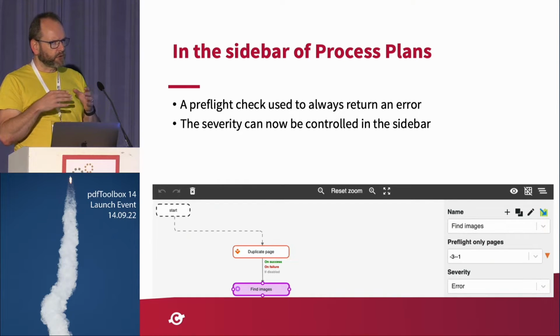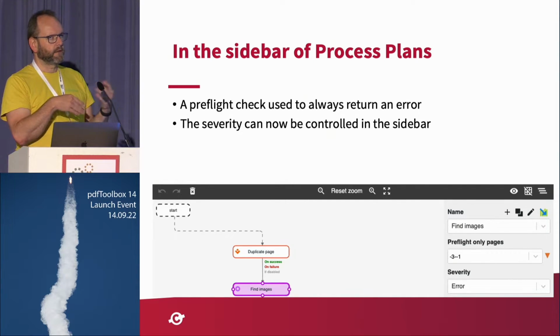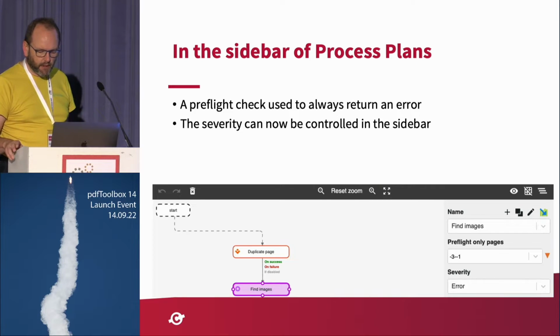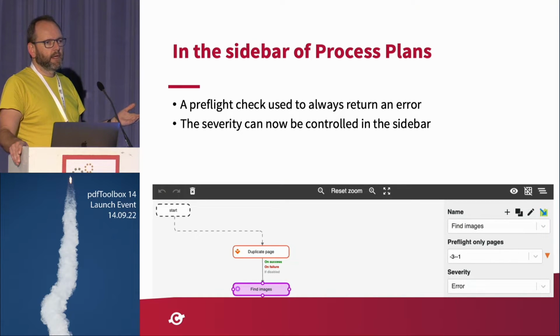That is because the check by itself doesn't understand the concept of error, warning or information that is normally applied in the profile. You put the check in the profile, and then you can choose whether it's reported as a warning or an error. But that meant that in a process plan, a check was always reported as an error.